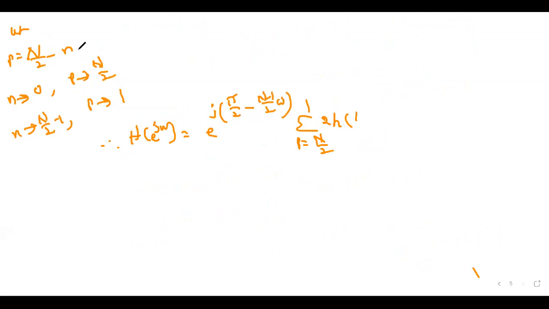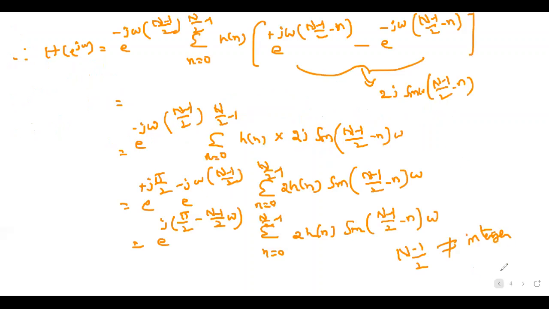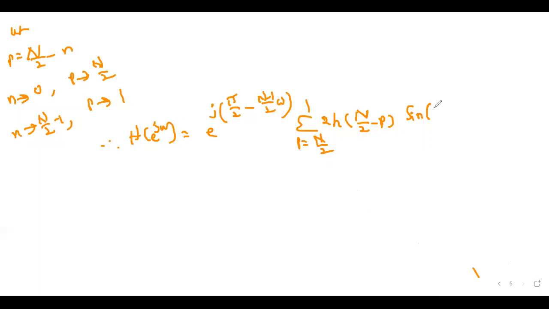So what is n from here? n by 2 minus p. Into sine of this, which is equal to n by 2 minus n replaced with p, so p minus 1 by 2 into omega.